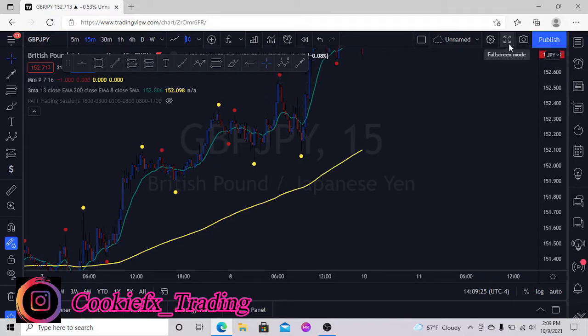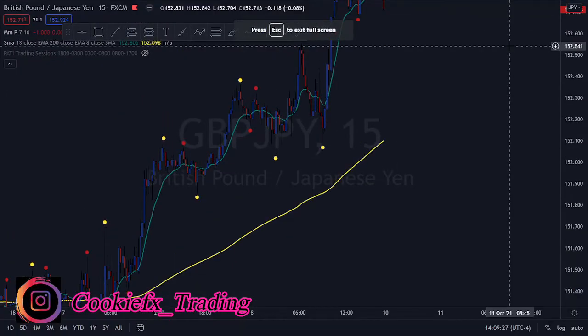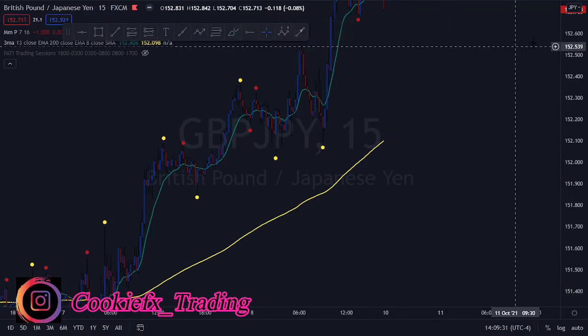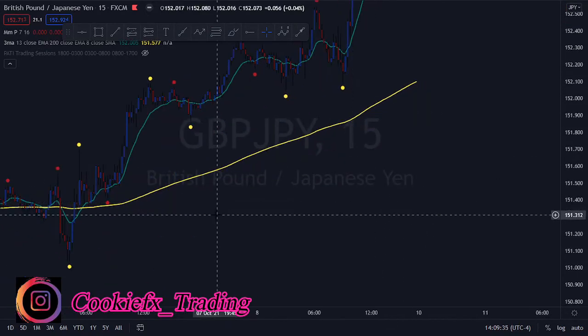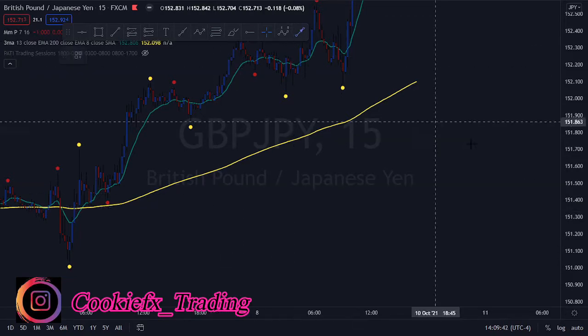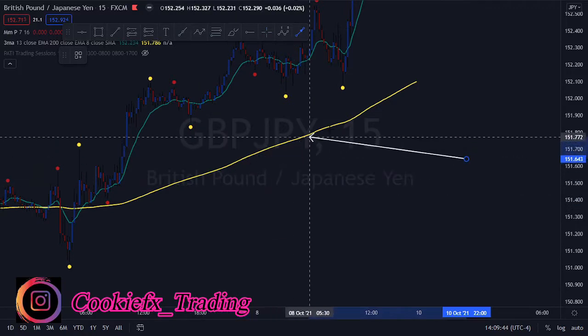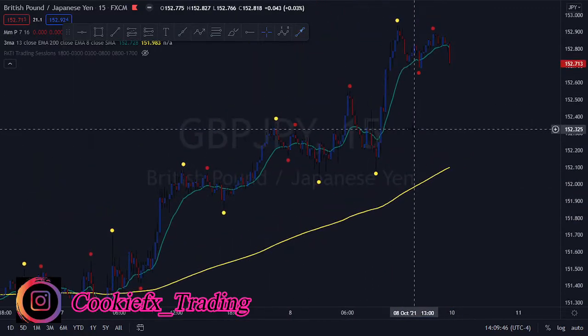First things first, what I'm about to show you is not 100% guaranteed. There's no 100% win rate. Secondly, when the 200 EMA is crossing underneath the candles like this, it's indicating that you're in a strong bullish trend. That's all it's indicating.